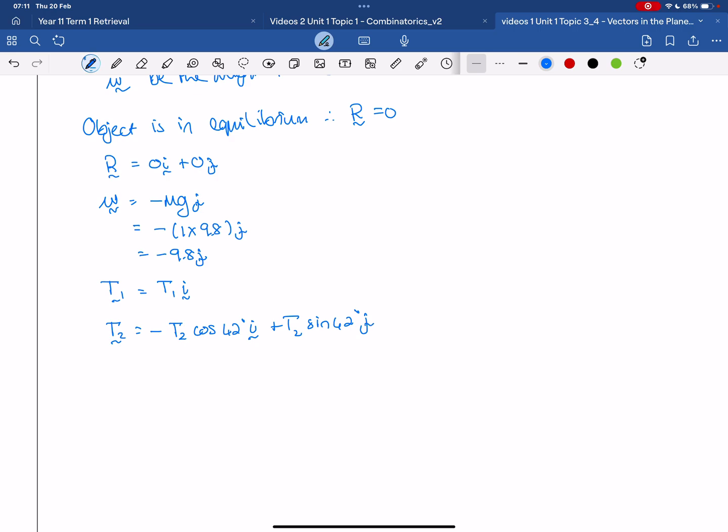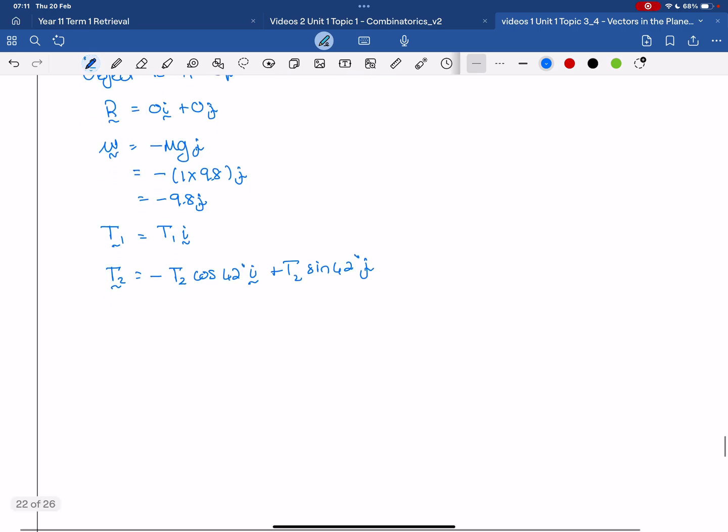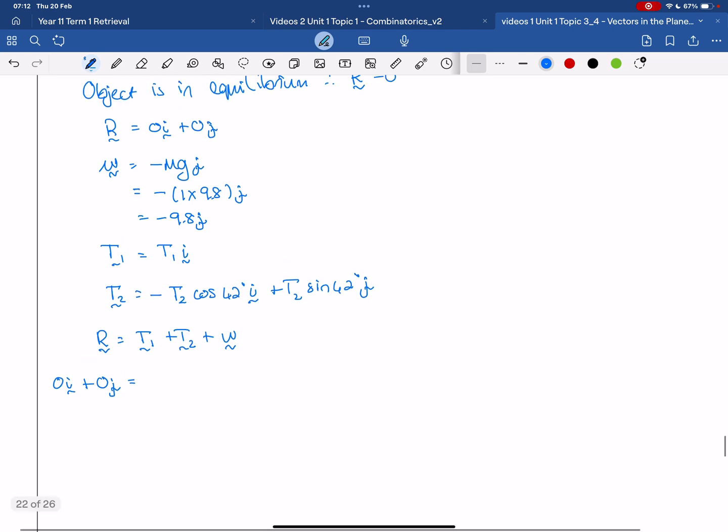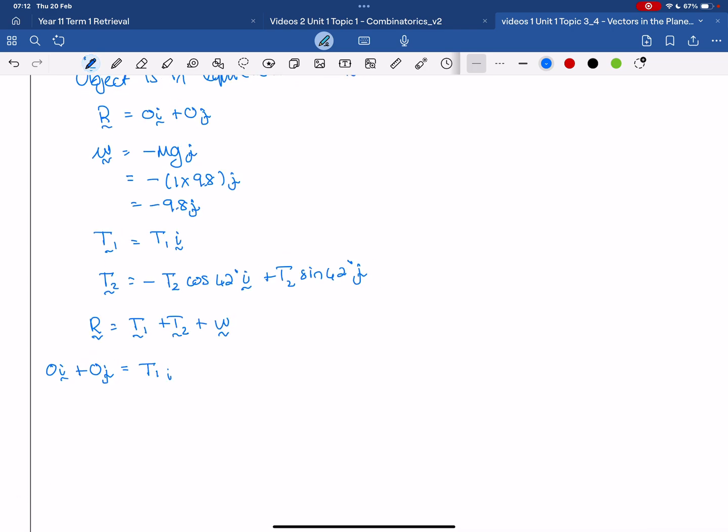Okay, so I've now set up all my different forces, and I'm going to say that my resultant force is going to be my sum of all my forces, so T1 plus T2 plus my weight. And we've already said that R is 0, so I'm going to have 0I plus 0J is equal to T1I minus T2 cos 42 I plus T2 sine 42 J minus 9.8J.